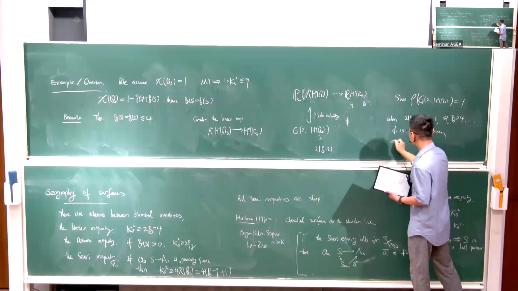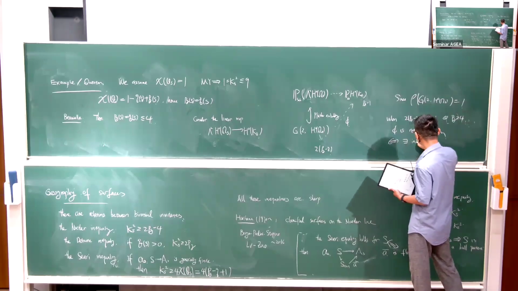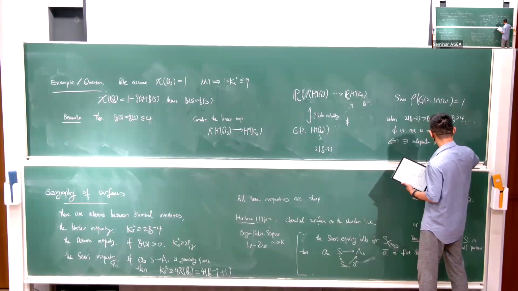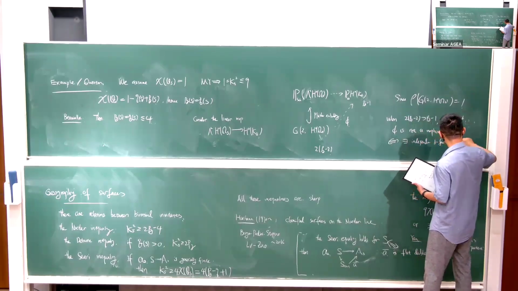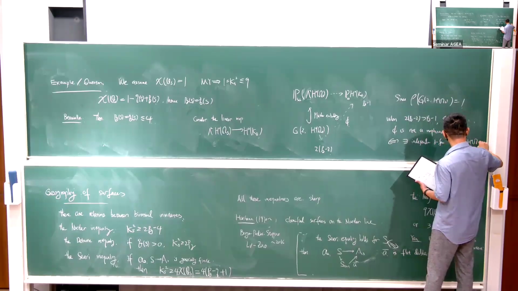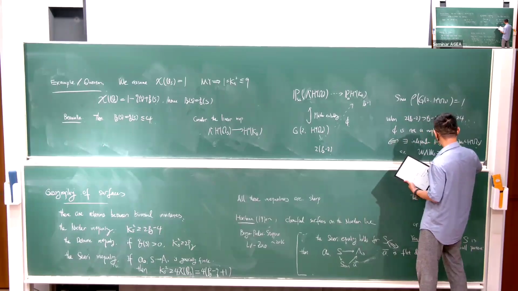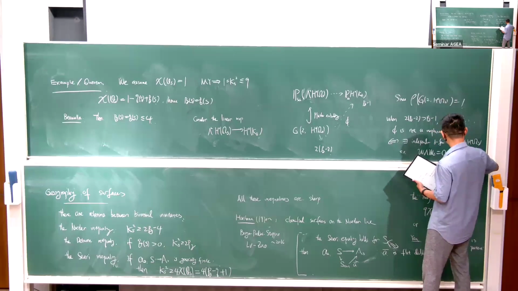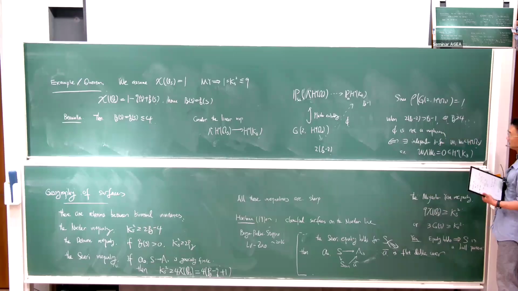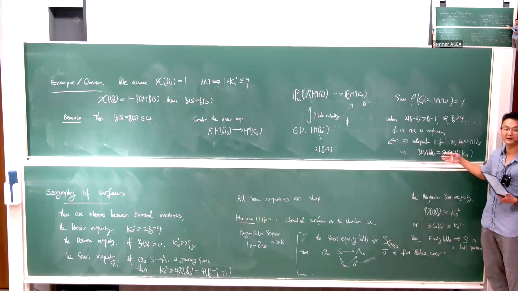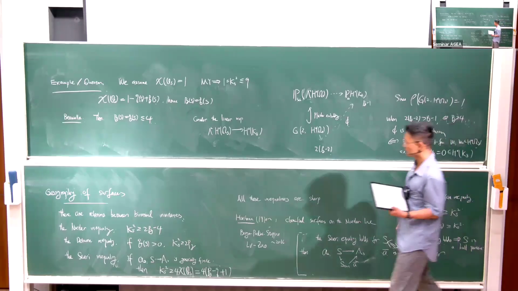Then this is equivalent to saying that there exist independent one forms omega 1, omega 2 such that omega 1 wedge omega 2 is 0. So this argument says that when the variety has geometric genus at least 4, then we can find 2 independent one forms whose wedge product is 0.